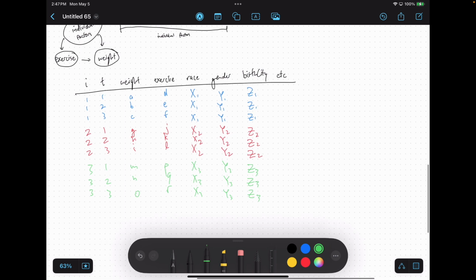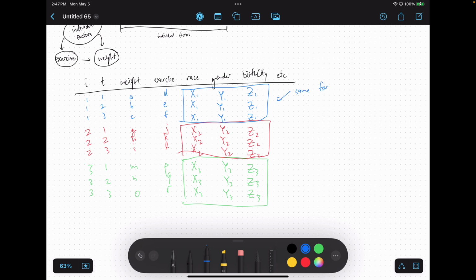So if I were to look at these things, you'll actually notice a person's race, their gender, their birth city, none of these variables are actually changing over time. And so these are the same for individual i.